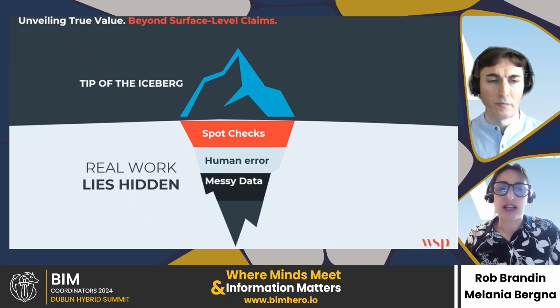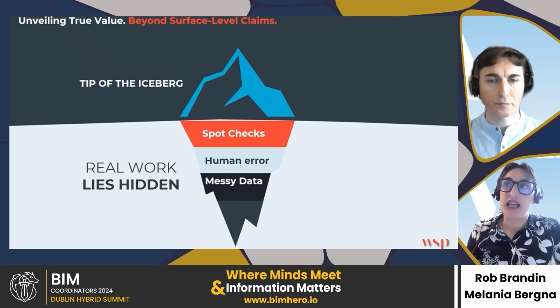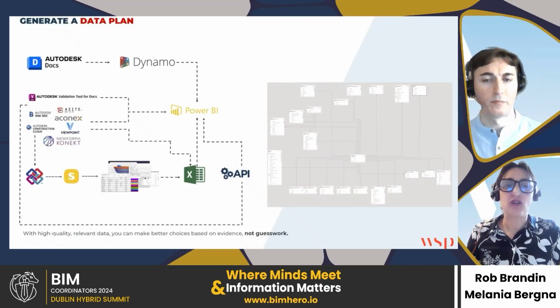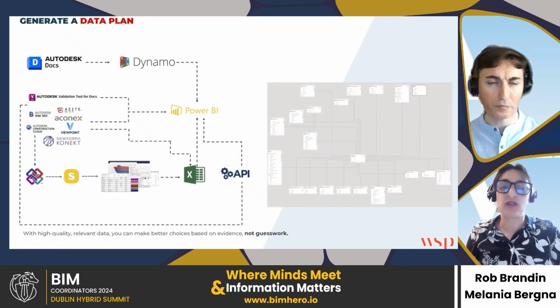We cannot really rely on a spot check or on a comment, because we are going to produce some human error on that. So by doing this, I just presented a bit of a data map.